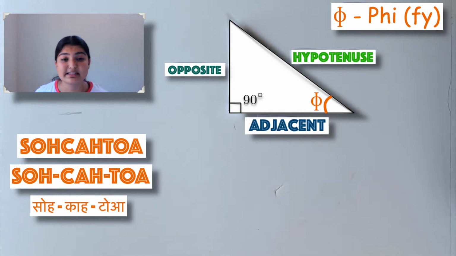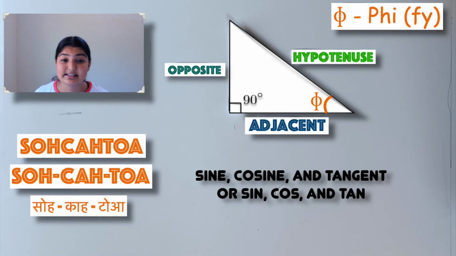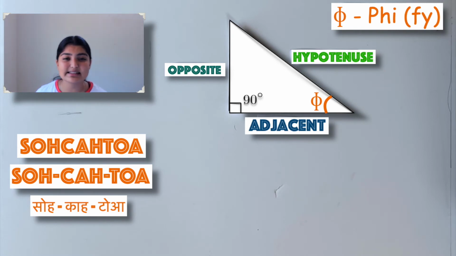We call these 3 ratios sine, cosine, and tangent, or for short, sin, cos, and tan. So let's start by looking at the sine of angle phi.